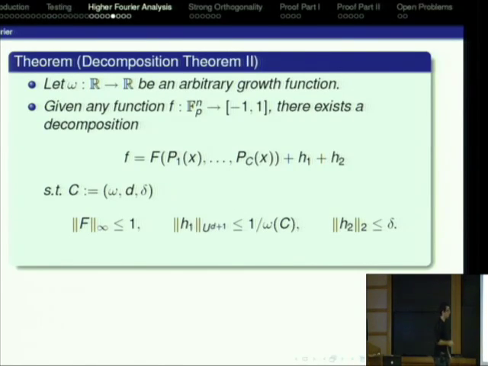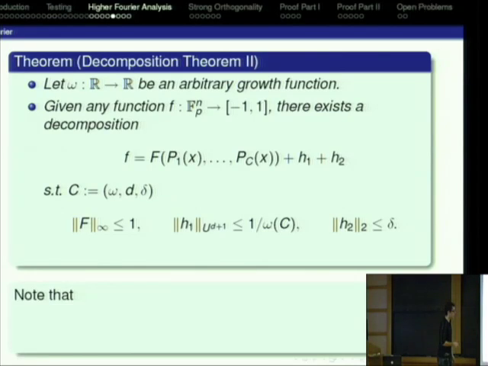So it will be enough to guarantee the things that we want. So now note that if you look at the correlation of this structured part with h2, just a basic Cauchy-Schwarz shows that it's bounded by the L2 norm of h2, which is delta. So these are almost orthogonal.